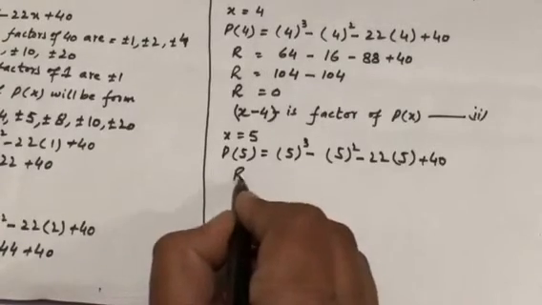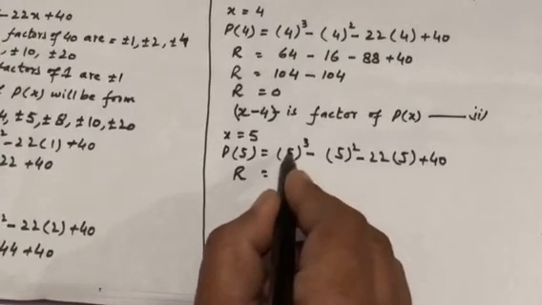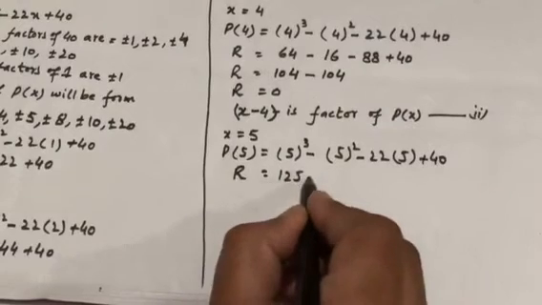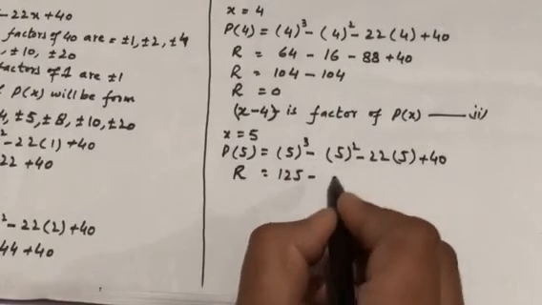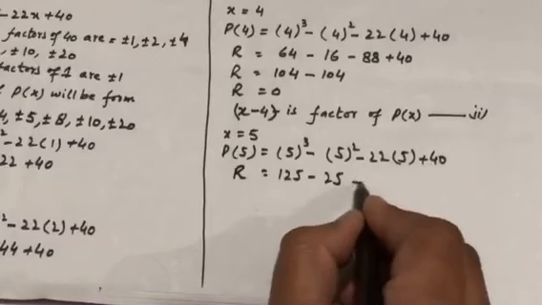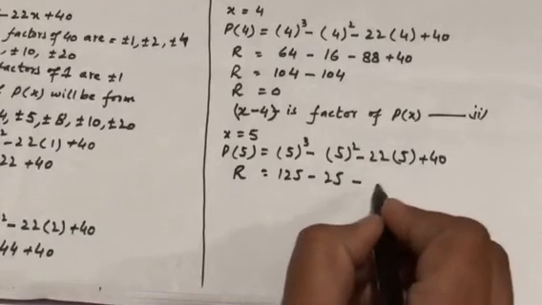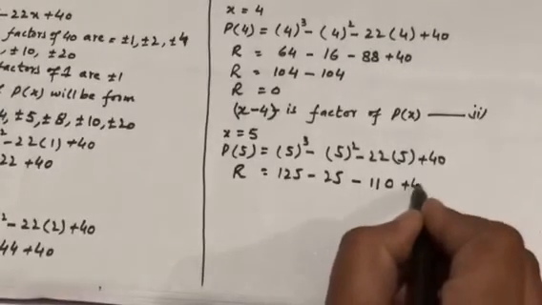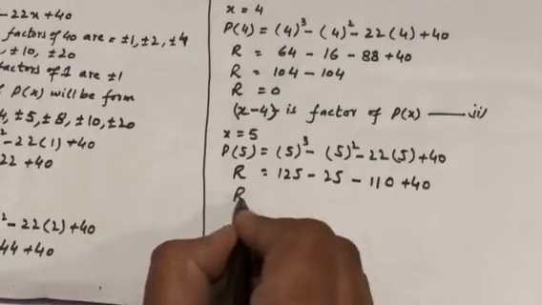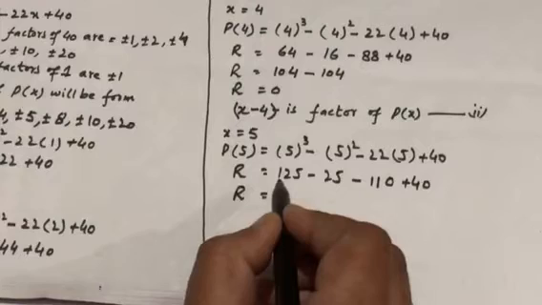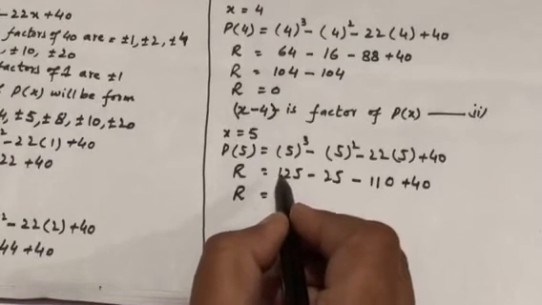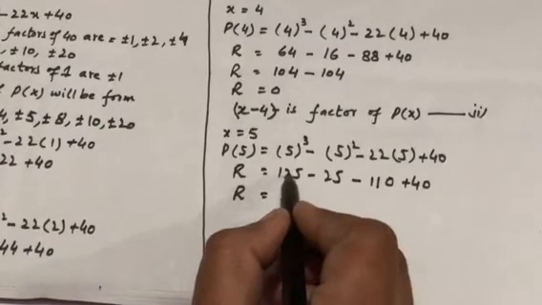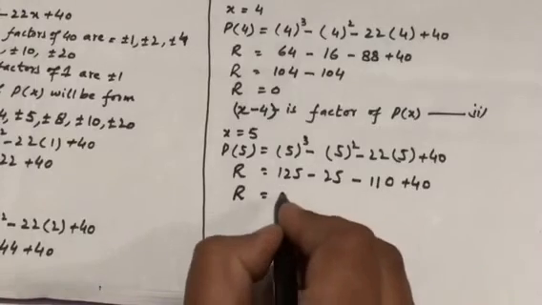So by simplifying, taking the cube of 5, which is equal to 125, and the square of 5, which is equal to 25, if we multiply 22 by 5, we will have 110 plus 40.